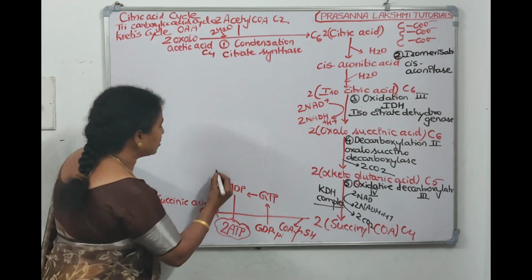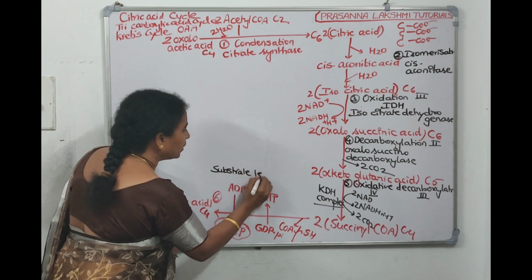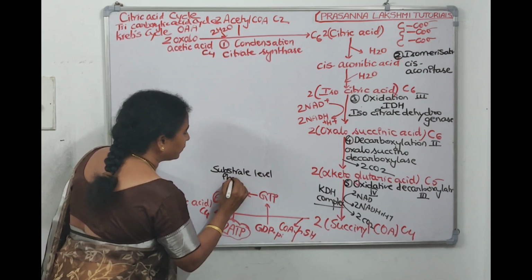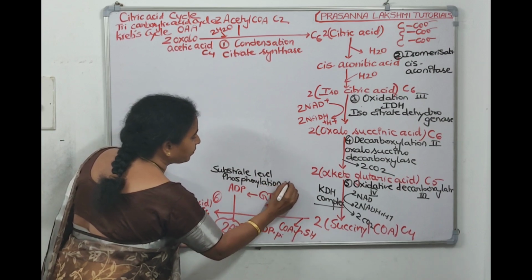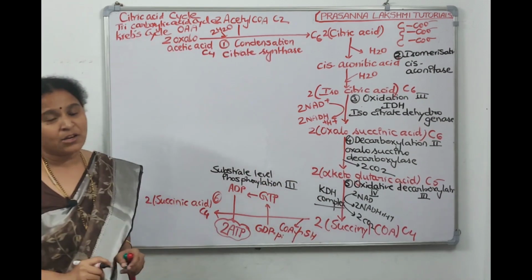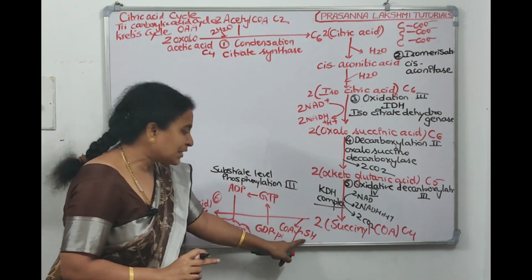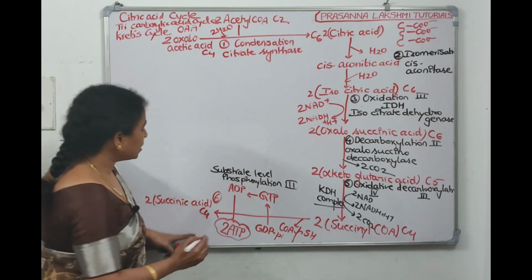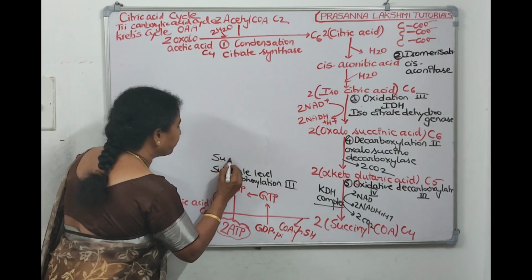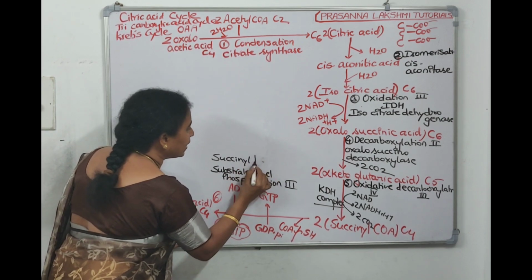So the 6th reaction is called substrate level phosphorylation 3. 1 and 2 we saw in glycolysis. The name of the enzyme will be succinyl, S is there, thiophosphate is added, kinase. The name of the 6th enzyme will be succinyl thiokinase.